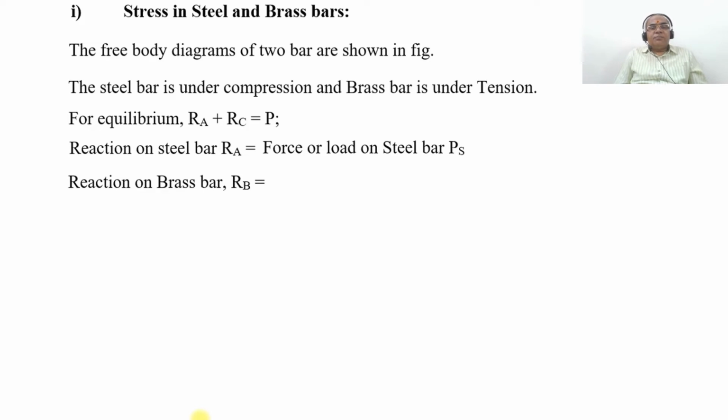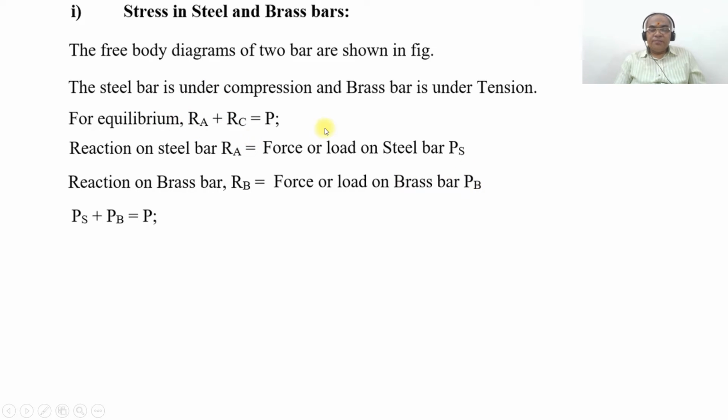Similarly, the reaction on the brass bar is equal to the force or load on the brass bar, PB. Now we are substituting the reactions as PS and PB, which is equal to P.